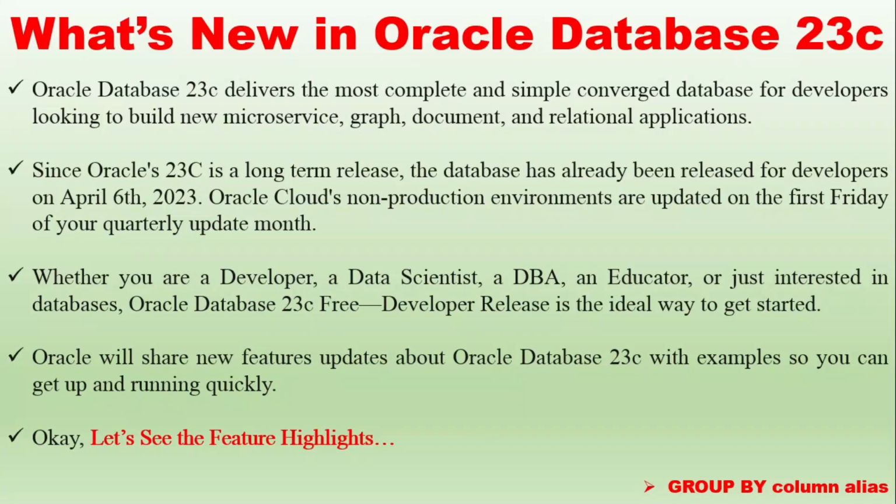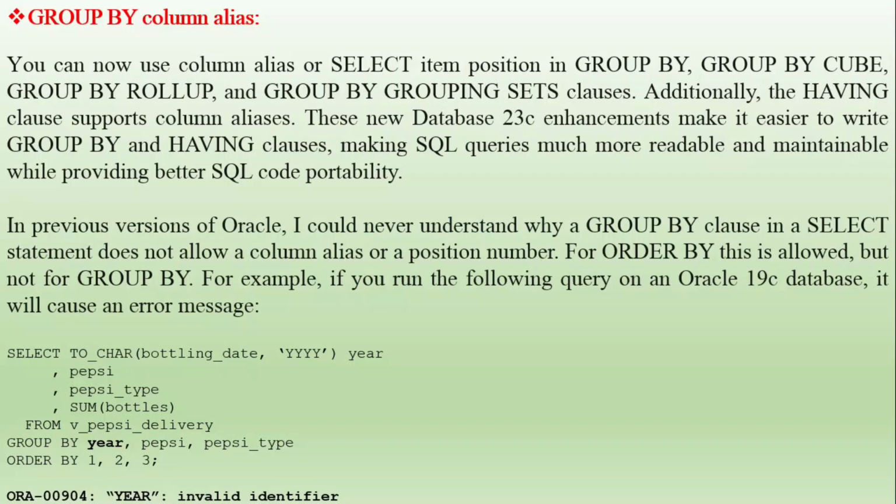So each and every week we will get one new feature update. But in this video, we are going to discuss group by column alias. So let's see the feature highlights here. The first thing, group by column alias. You can now use column alias or select item position in group by cube, group by rollup and group by grouping sets clauses.